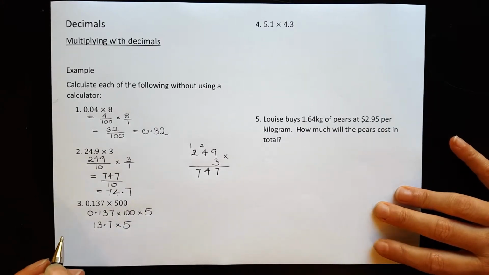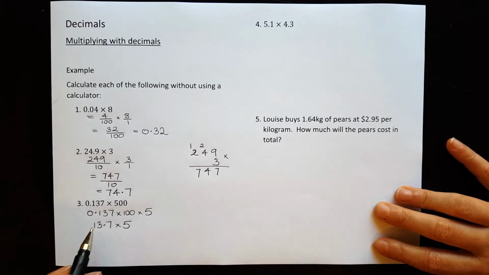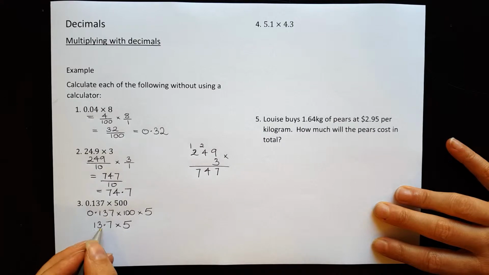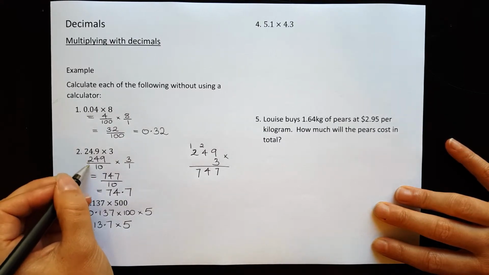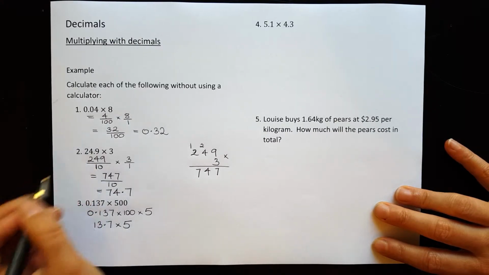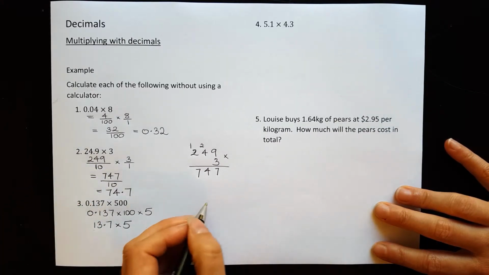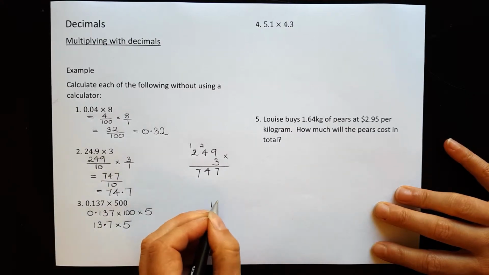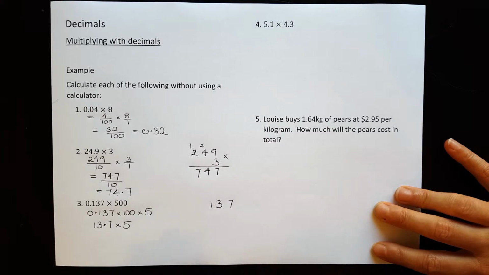Now, over here on the side, I'm going to multiply those together. You can always write this over 10, but I'm going to show you a shortcut to having to put these fractions in all the time. What you can do is just ignore the decimal place here and just do 137 times 5.